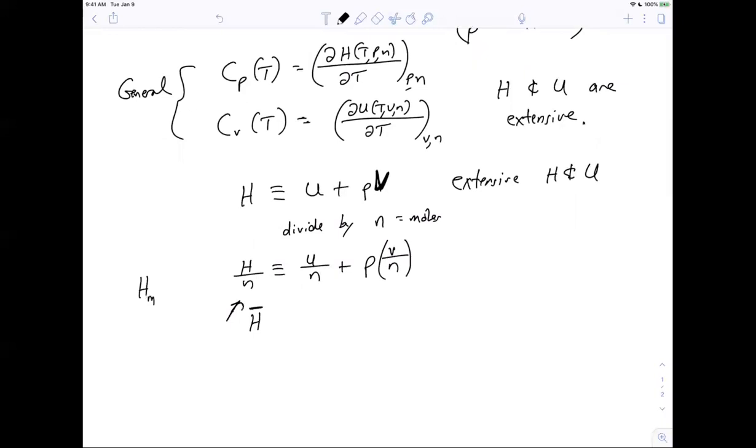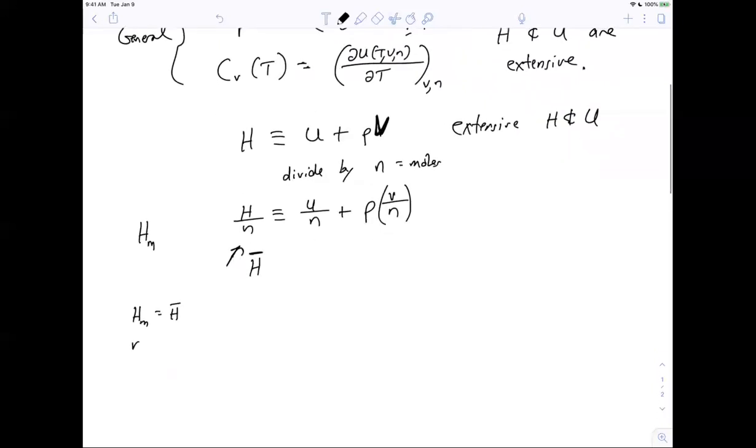We can use H bar, it's the same thing. So H molar in your text is equal to H bar, and so this is just the molar enthalpy.